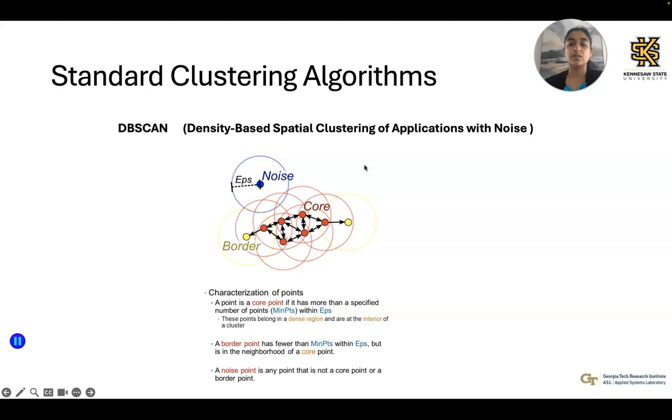One of the recent popular ones is DBSCAN, which is density-based spatial clustering of applications with noise. This clustering method works on various densities, but it is computationally expensive for a large data set because it also depends on the choices of the parameters used here.